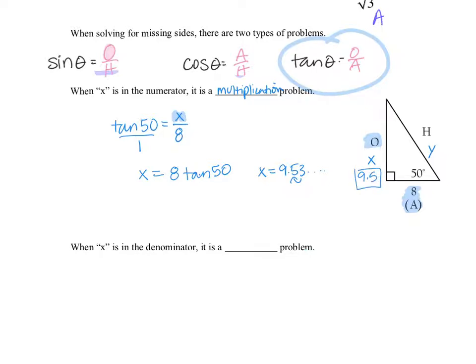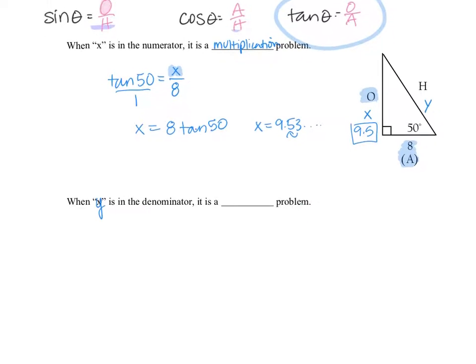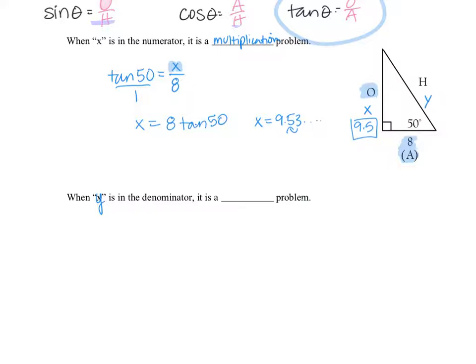Now, because this is a rounded number, do not use it to find Y. So we're going to change this so that Y is in the denominator. Again, how do you know which trig ratio to use? We look at what we have and what we need. So we have A and we need H this time.